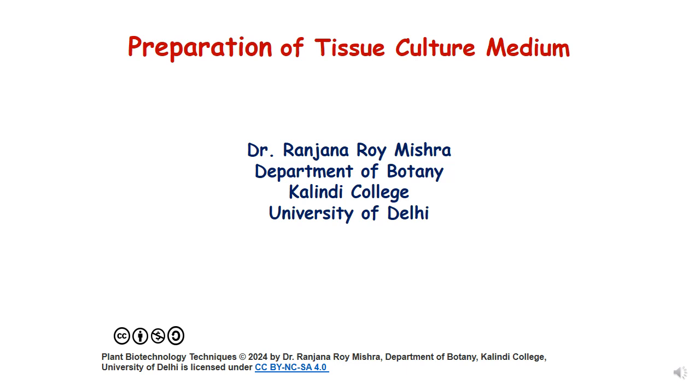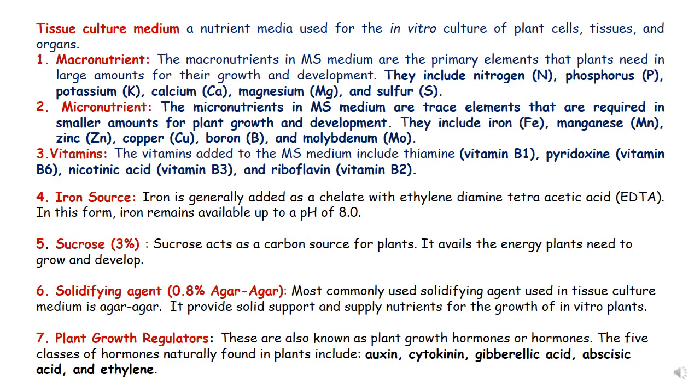Hello, dear students. In this lecture, we will discuss how to prepare a tissue culture medium. A tissue culture medium is a nutrient medium which is used for the growth of plant cells and tissues in vitro conditions.